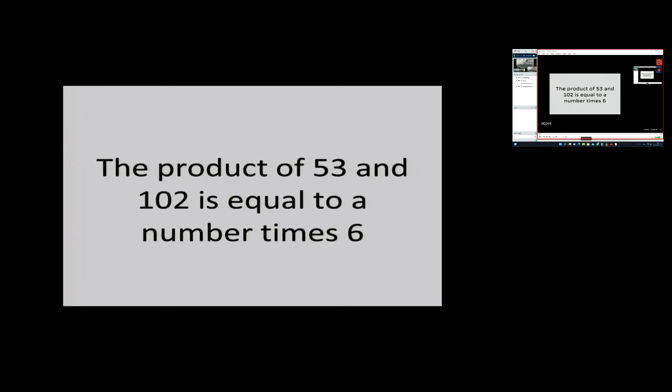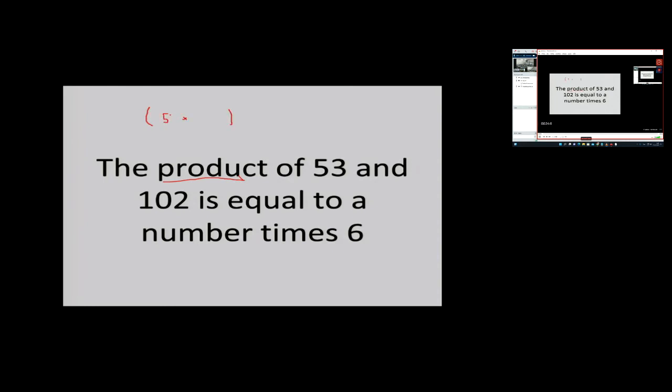Okay, very good. The answer is 53 times 102 is equal to 6x. We can put it in the parentheses, but since there's no more number beside it, this is actually correct. Why do you think this is 6x? Because, remember, when we deal with product, this is multiplication.